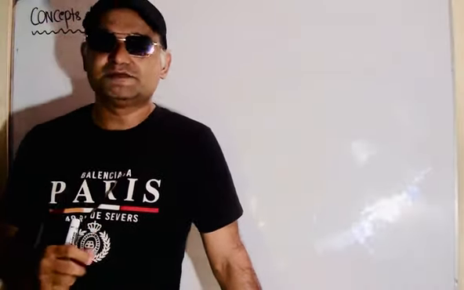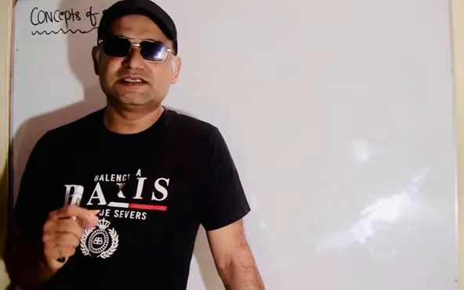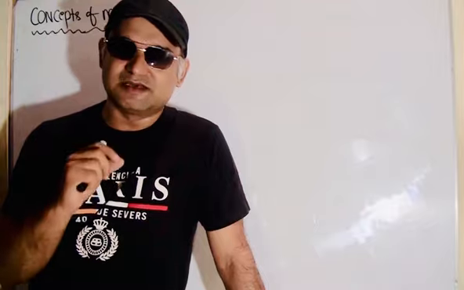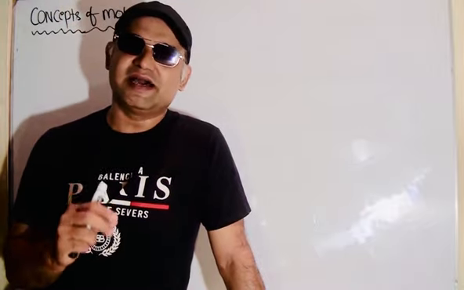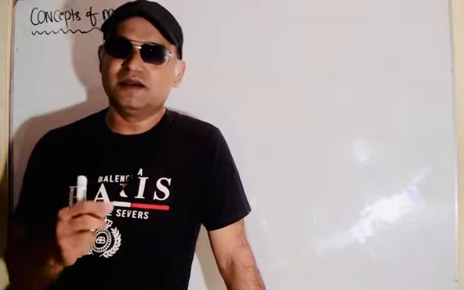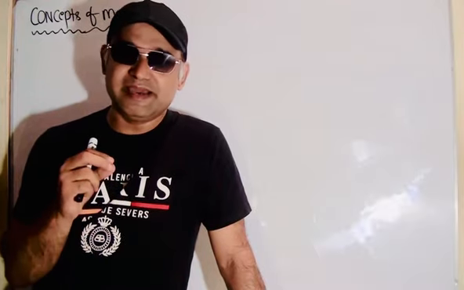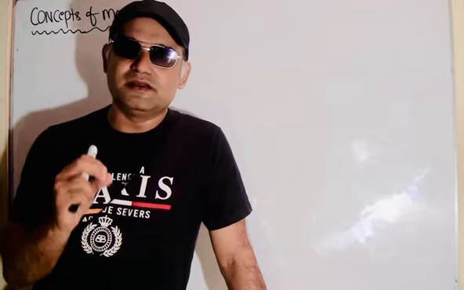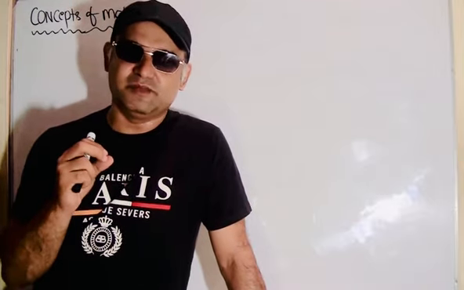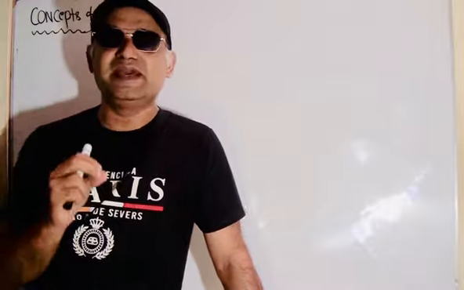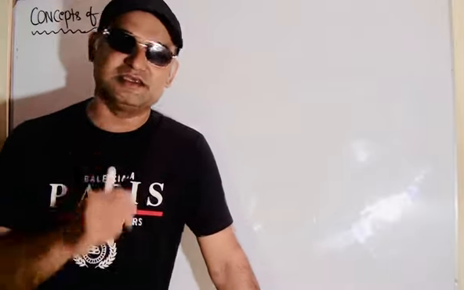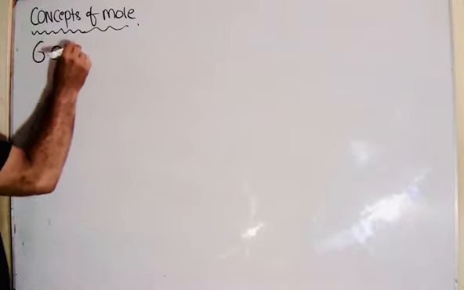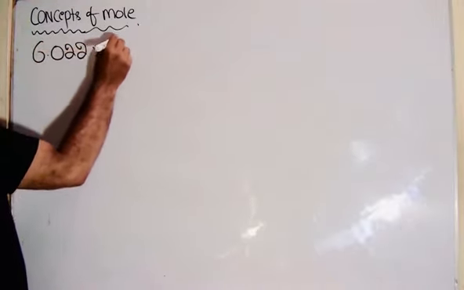Next we will discuss the number of particles related concept of moles. There is a fixed number which always explains one mole, and that number is the biggest counting number in science or in chemistry, and that biggest counting number is 6.022 into 10 to the raised power 23.